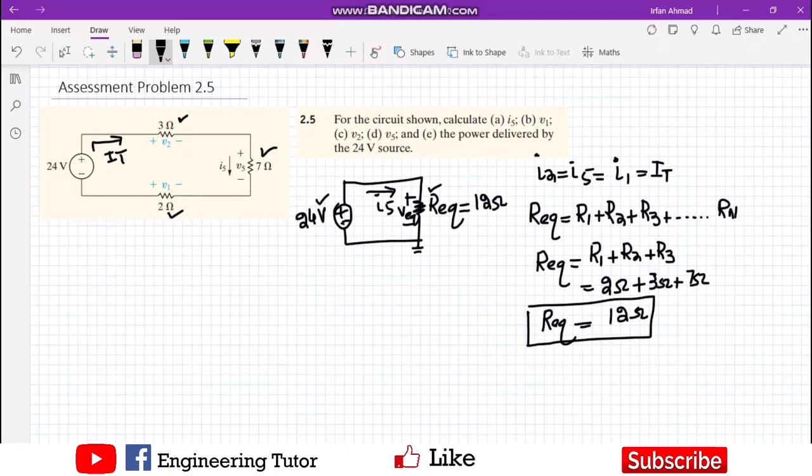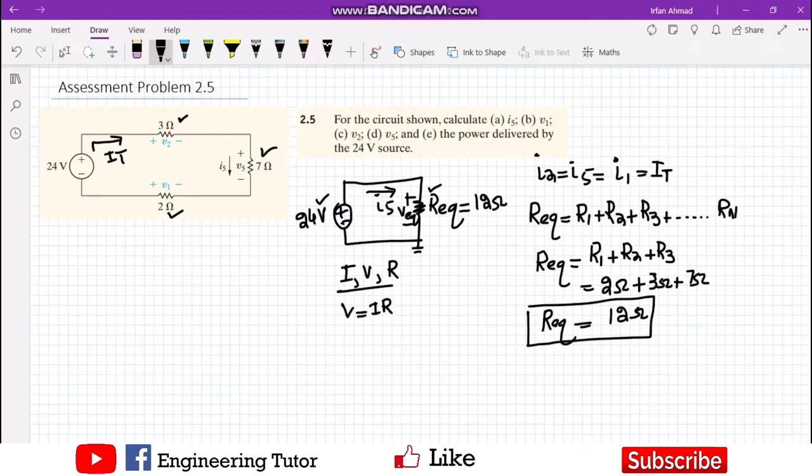So to find out the value of current here, we know that the associated quantities with any passive element are three, which are I, V and R. If we have any two of these quantities, we can easily find out the third quantity by using a very famous law which is called Ohm's law.